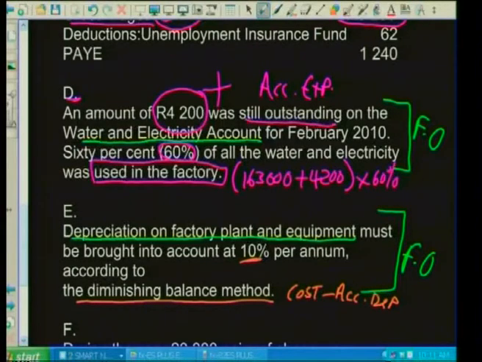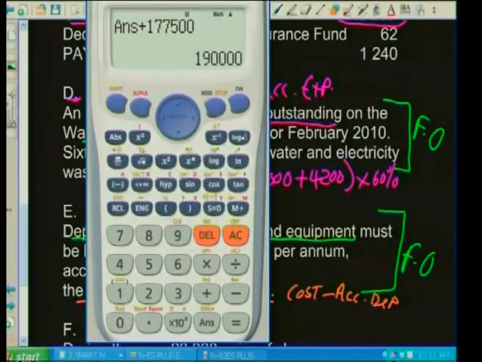So let's do that. Let's get our calculators out. Okay, so we've got your water and electricity, an amount of 163,000. We are then adding our 4,200. Okay, and then we're going to calculate 60% to get an amount of 100,320, was that portion of the expense that was obviously for the factory.